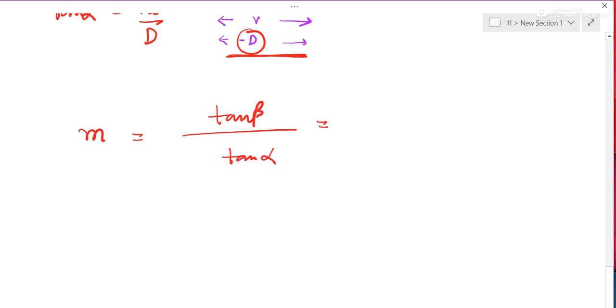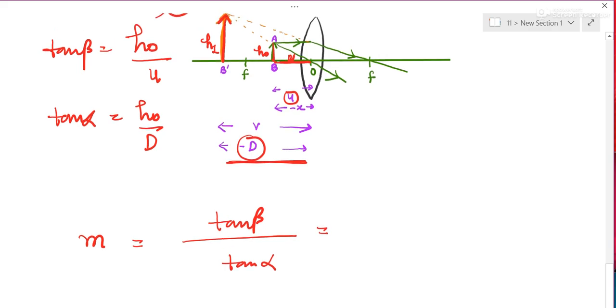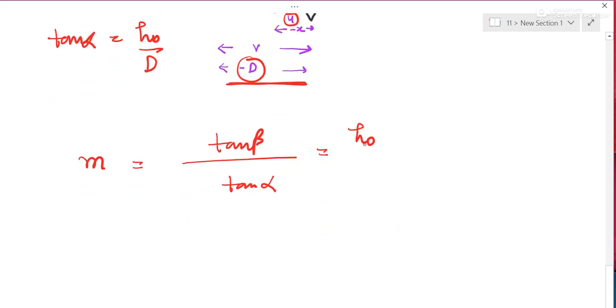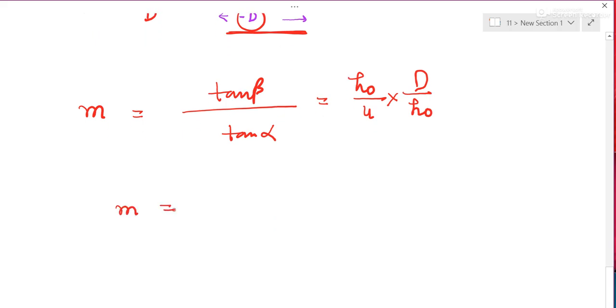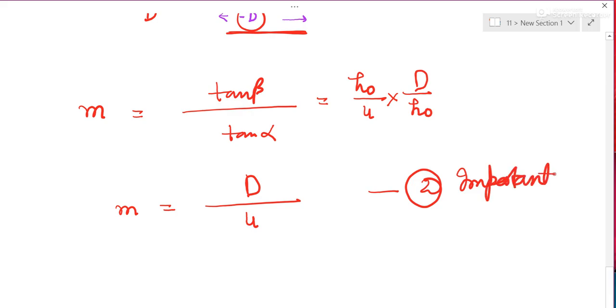Tangent beta, just now we have seen, is H naught by U. And it is H naught by D. H naught cancelled. So magnifying power came as D by U. This is the original formula. Important. So we all will memorize this.